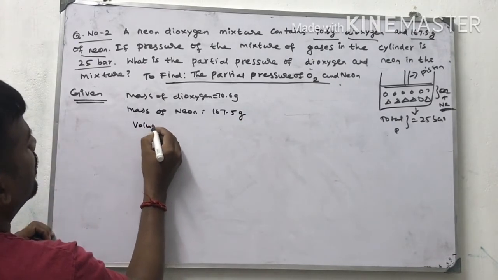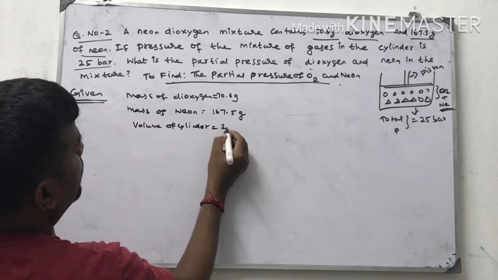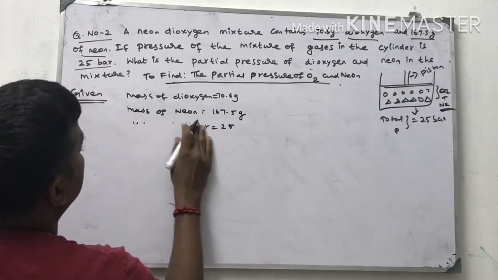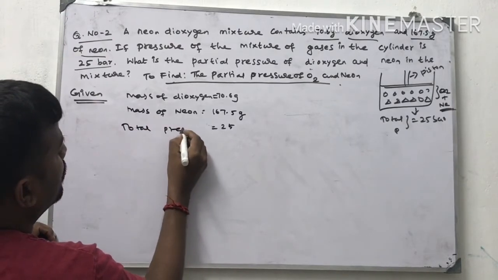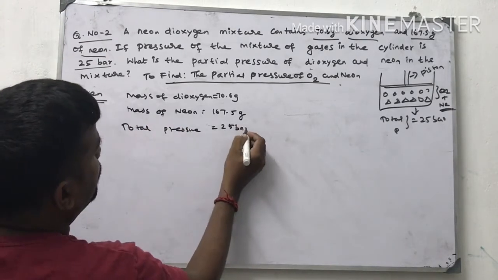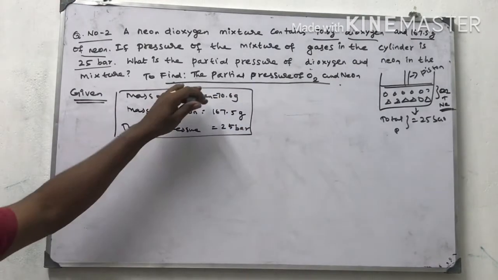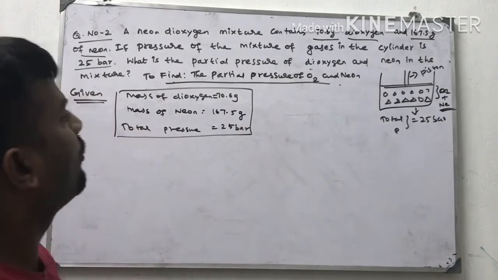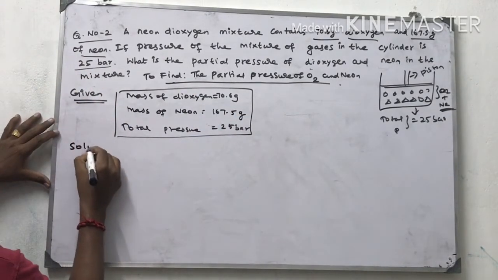Volume of cylinder is also given, equal to 2 liters. Total pressure is equal to 25 bar. So these are the terms given in the question. First we have to find what we have to find. Next, what are the terms given? Next, solution.